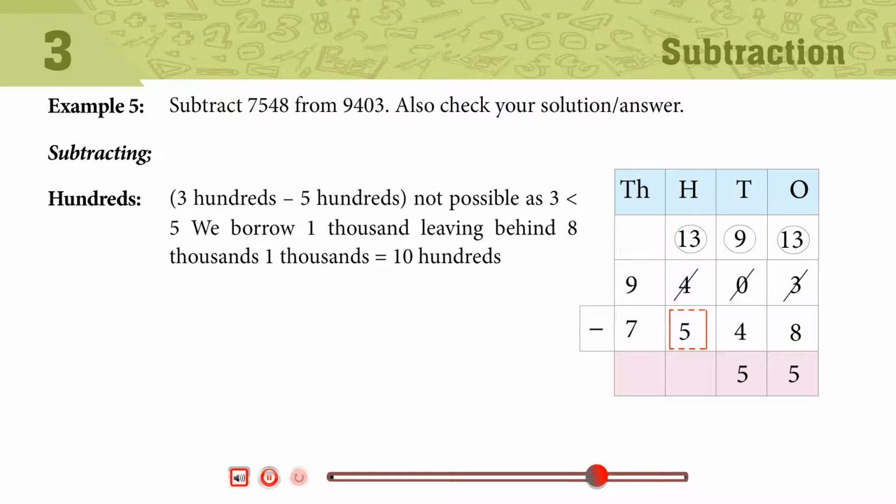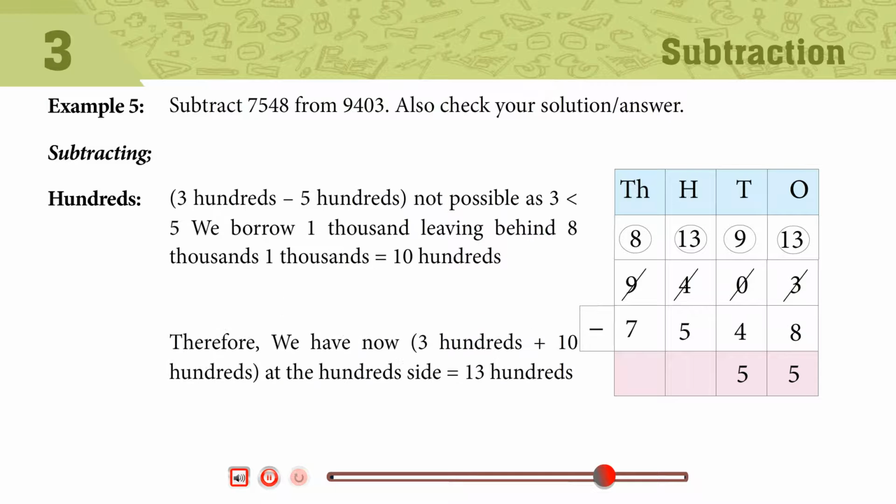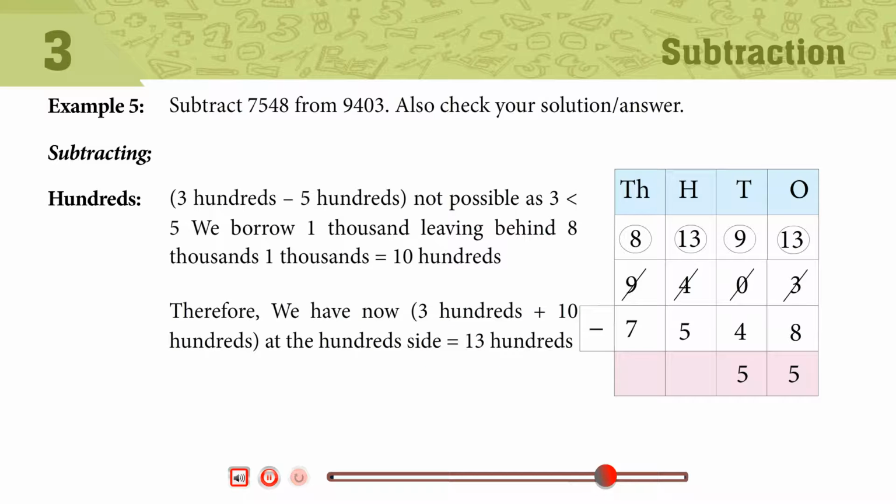Hundreds. 3 hundreds minus 5 hundreds not possible as 3 is smaller than 5. We borrow 1,000, leaving behind 8 thousands. 1 thousand is equal to 10 hundreds. Therefore, we have now 3 hundreds plus 10 hundreds is equal to 13 hundreds. Now, 13 hundreds minus 5 hundreds is equal to 8 hundreds.